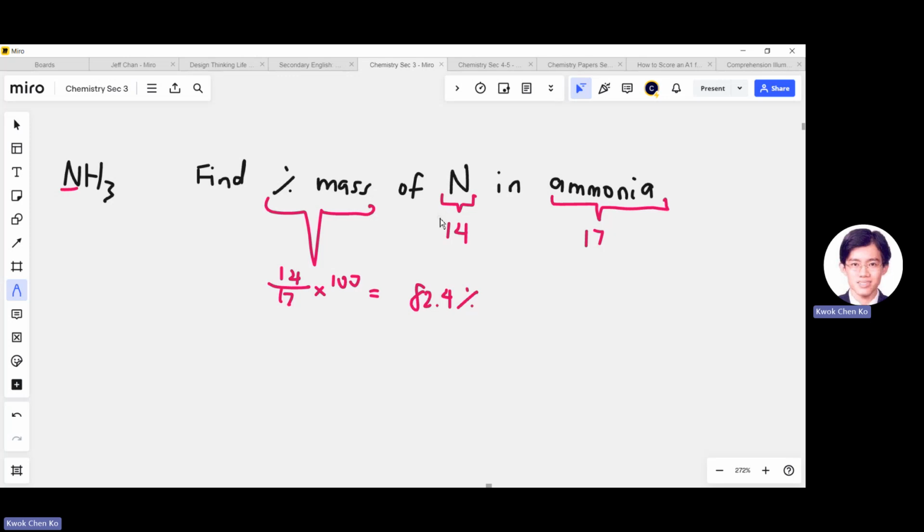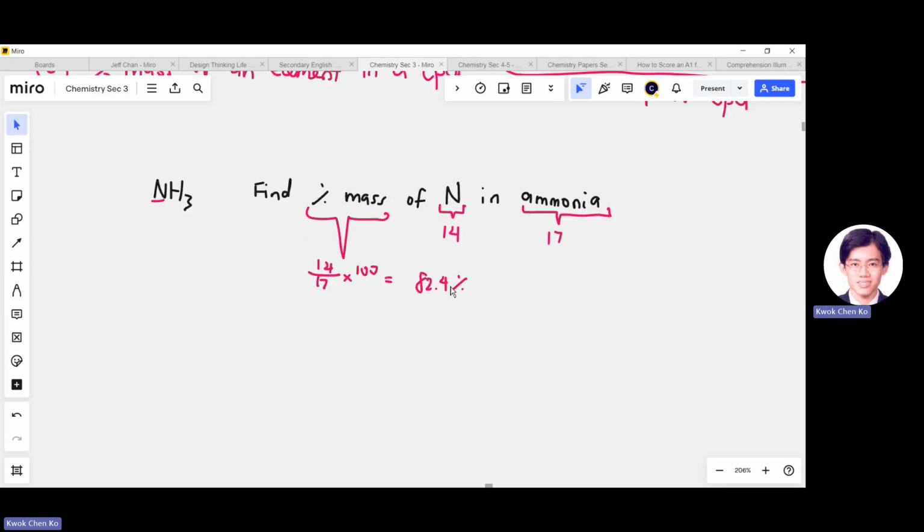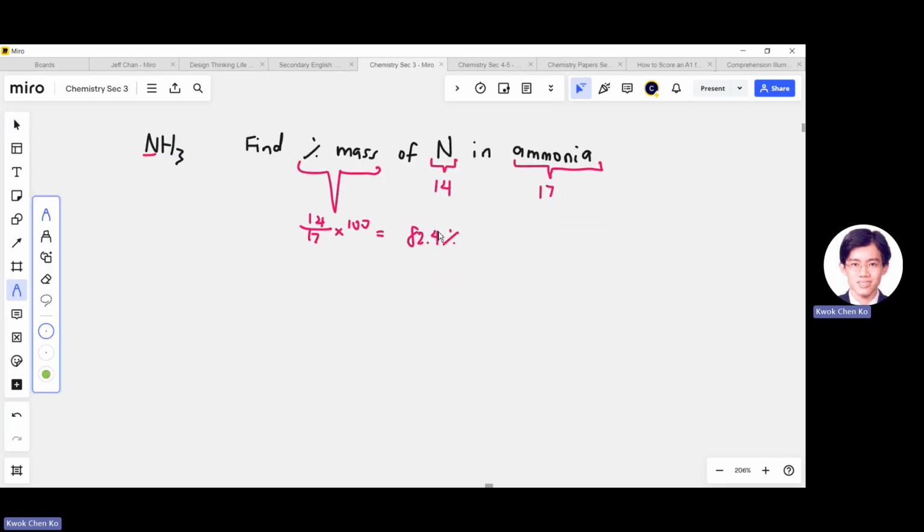Now, let's give you another one. By now you should know the procedure. Let's say I have this. Reminder, this is ethanol. Sooner or later, you have to remember this. Very simple.